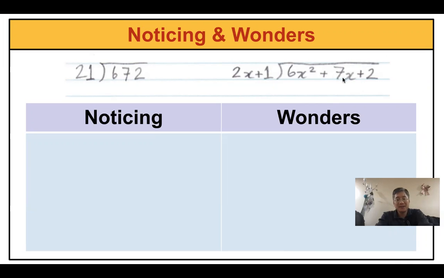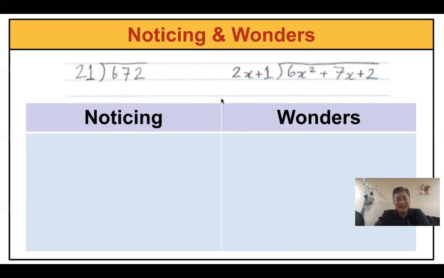It looks similar, right? 6, 6, 7, 7, 2, 2. The hundreds digit becomes x squared. The tens digit 7 becomes 7x. So x works like 10 when you divide. So 2 times 10 is 20, plus 1 is 21. Does it make sense to you?